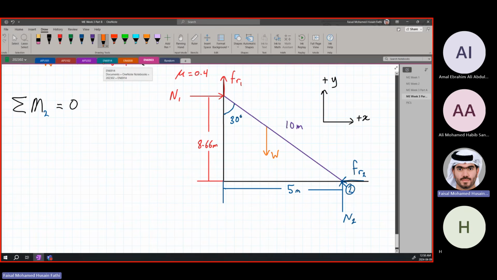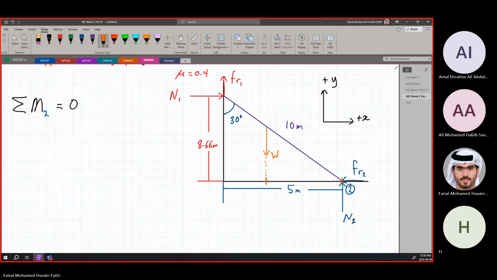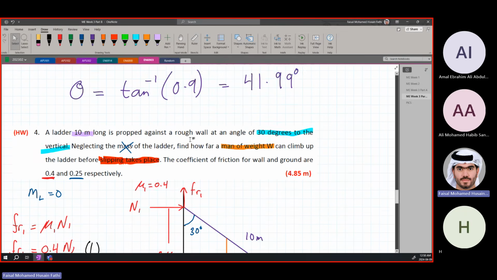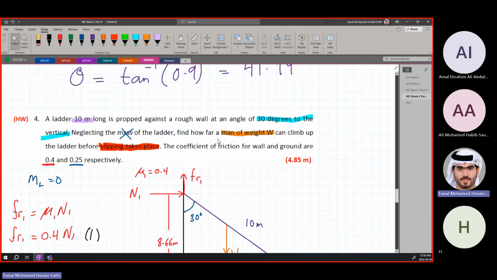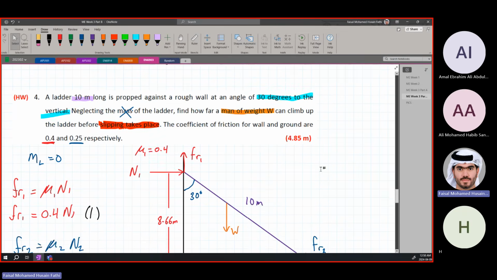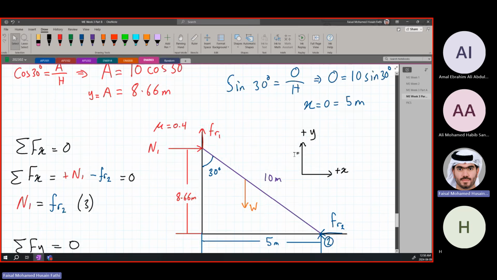We are going to define this direction from here to here. Let's see what the question is asking specifically. Okay, find how far a man can climb the ladder. So we want to know the distance on the ladder.